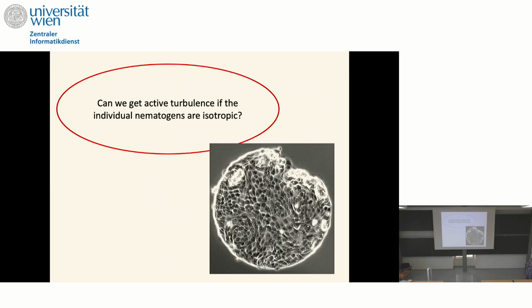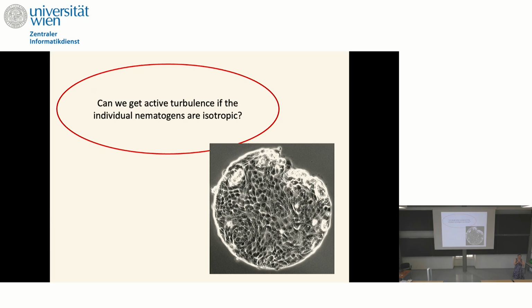Now we've got instability 3, which we really don't understand properly at the moment. And that asks the question, which we'll return to in a minute: these cells, these are MDCK cells, these are squishy cells, and on average, those are not nematic. They're not long and thin particles, they're circular, squishy particles.